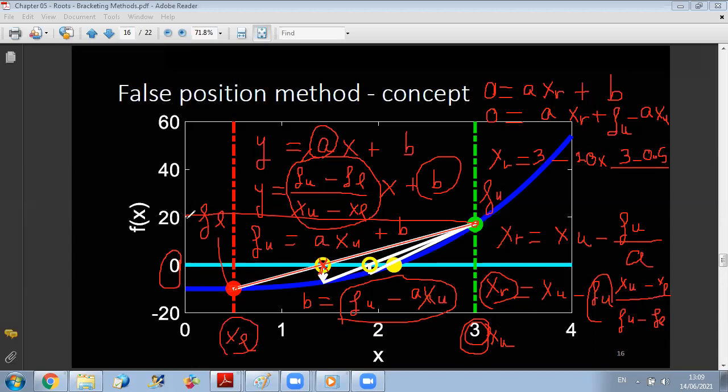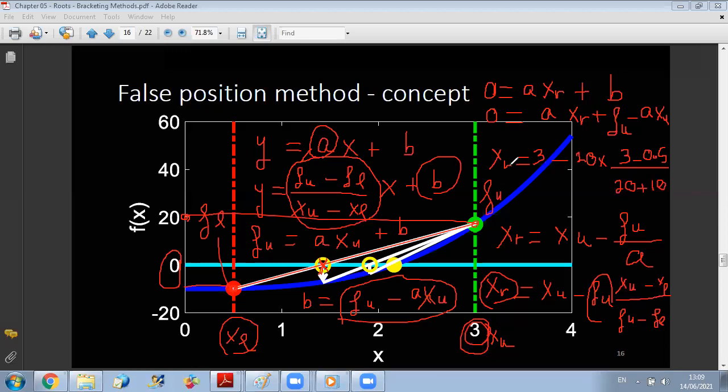F upper I already found from the function. It's 20. Now I should compute f lower. If I look at my figure here, f lower is nearly minus 10. So it's a minus 10, so it's plus 10.